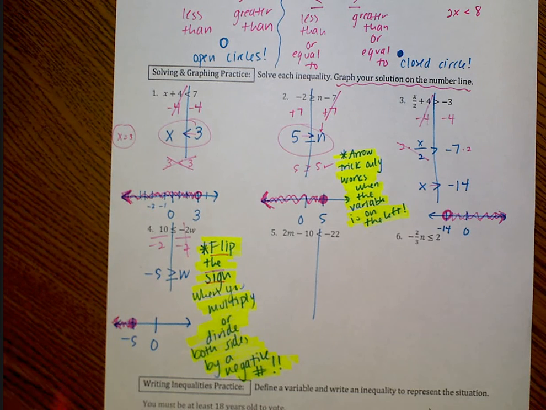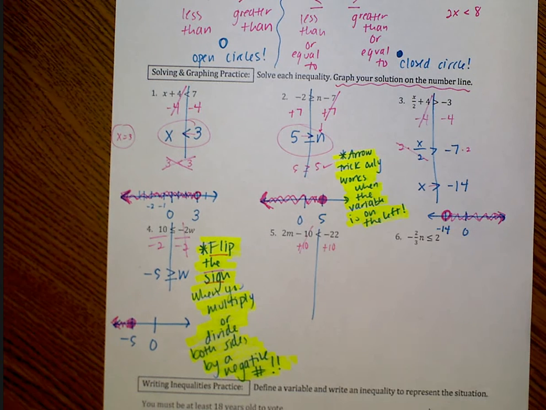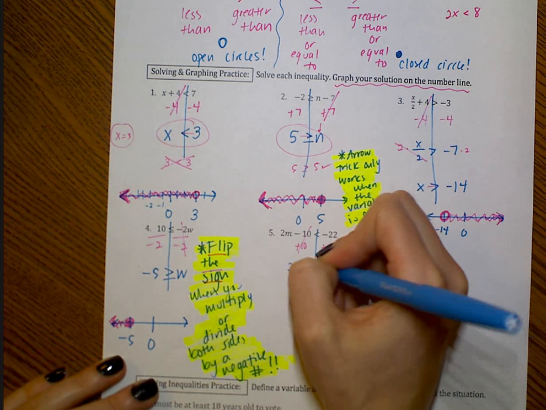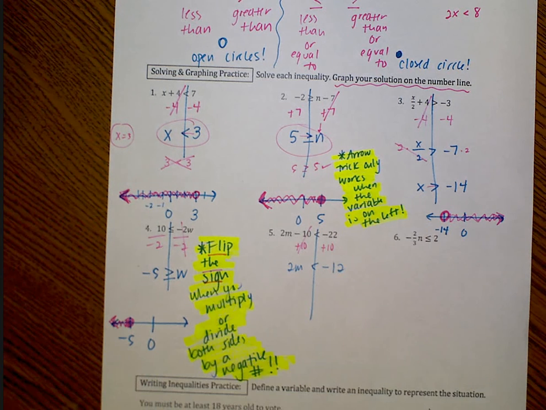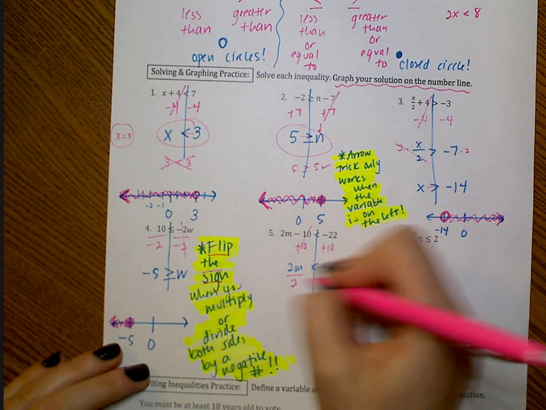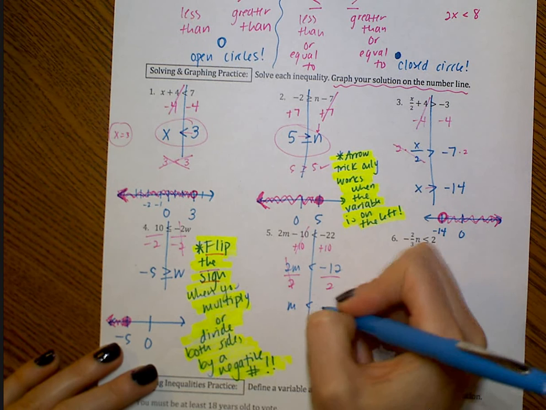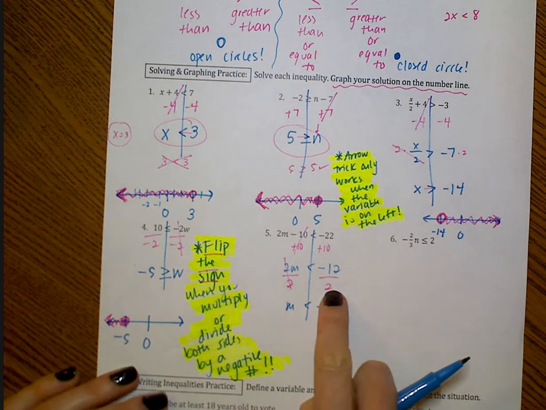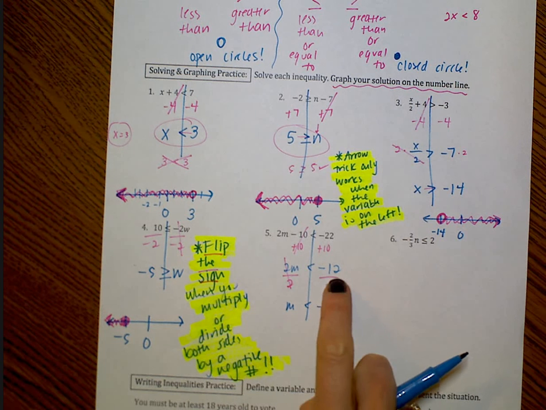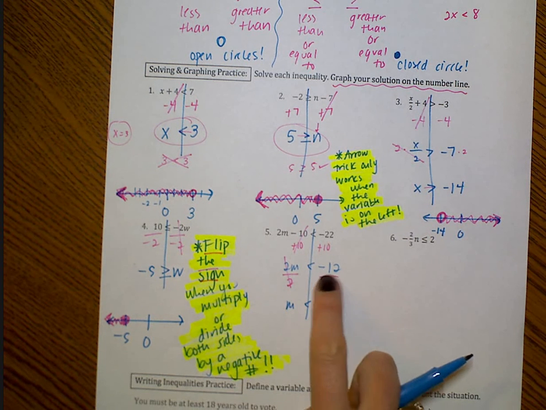Okay, next one. I'm going to add 10. And now that we know this little flip the sign trick, I got to look out for it. Divide by 2. And it is less than -6. Okay, I do not have to flip the sign. People will think, oh, -12 divided by 2, yeah, I need to flip the sign because that was a negative number right there.